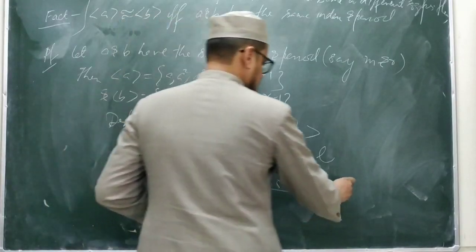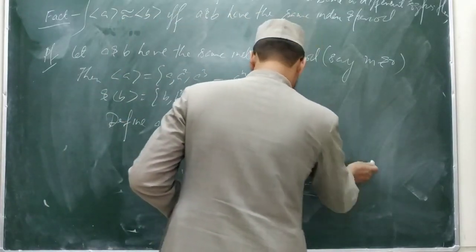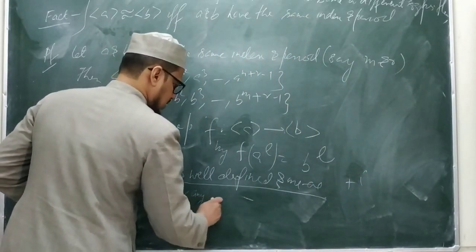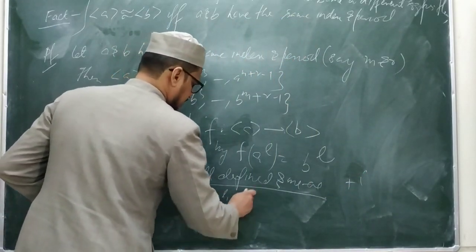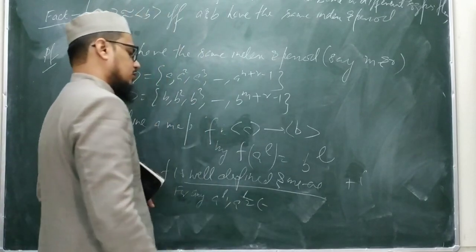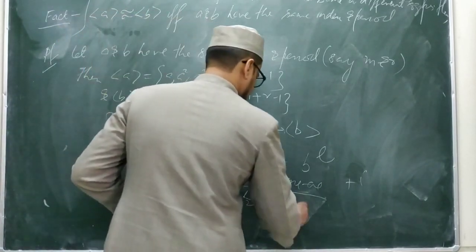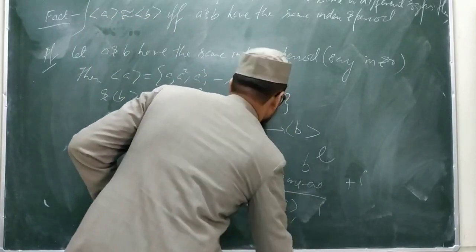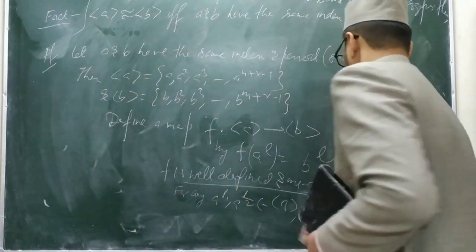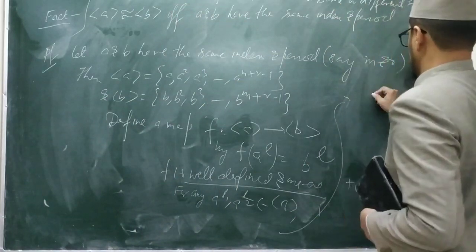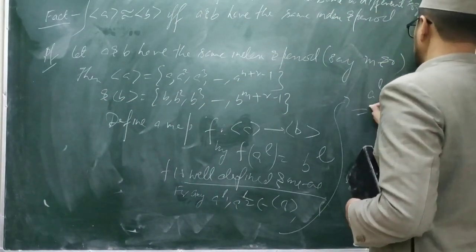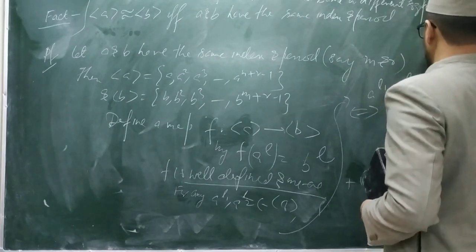You can see for any A to power L1, A to power L2 belonging to A, if A to power L1 is equal to A to power L2, it implies L1 is equal to L2.